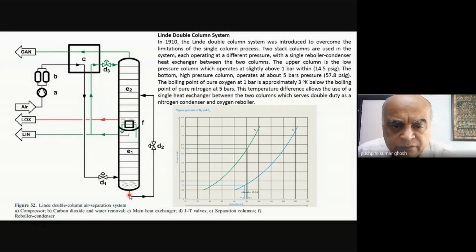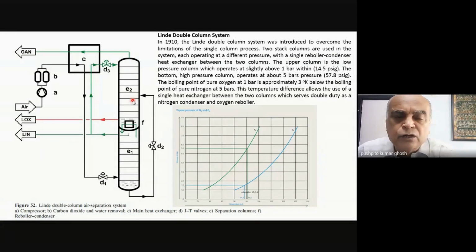Then he's taking this, and with the help of an expansion valve, he's feeding it into the low pressure column. Obviously, when I'm doing the expansion, there would also be cooling that takes place, so this will reach a lower temperature, and I do need to cool it because I'm now going to operate this at a relatively lower pressure of 1.5 bar.